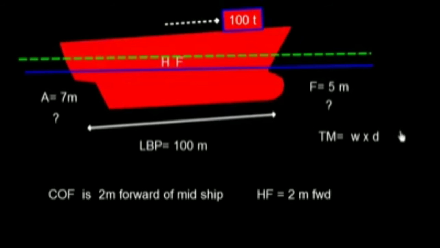So W into D: I have this trimming moment, 100 is the weight and 40 is the distance from center of flotation. So I have 4,000 ton meter, and the direction will be by head because I have loaded this 100 ton in the forward direction.